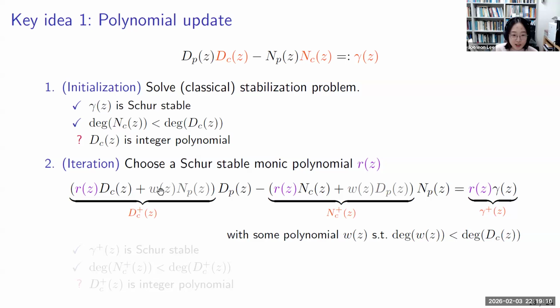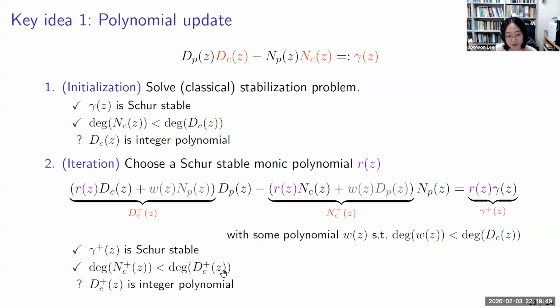And then by adding and subtracting this part with some polynomial W, we have this equality. And then we update DC to be this part and NC to be this part and gamma to be R times gamma. And then, of course, since we chose R to be sure stable, the next gamma, gamma plus, is sure stable. And with some degree condition on W, the degree constraint is also satisfied.